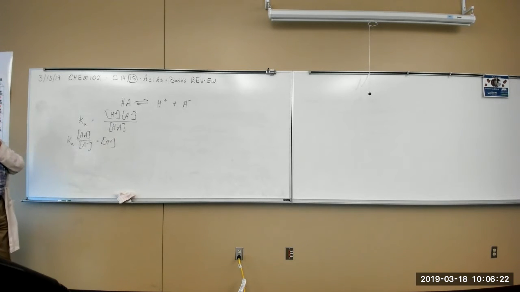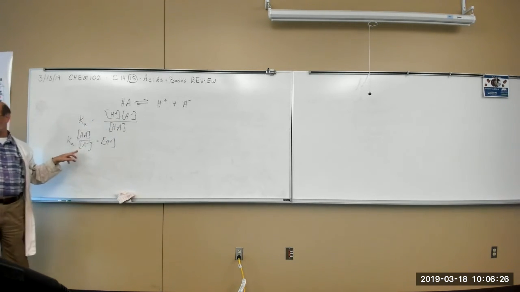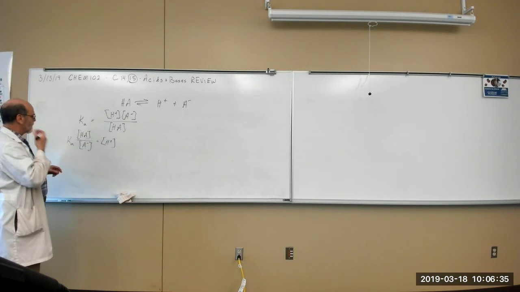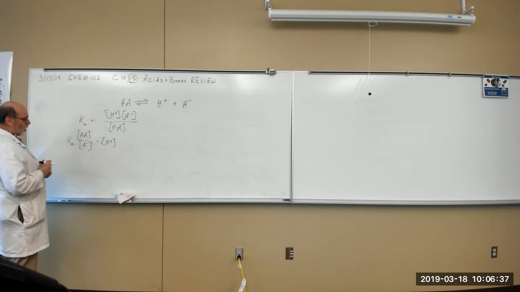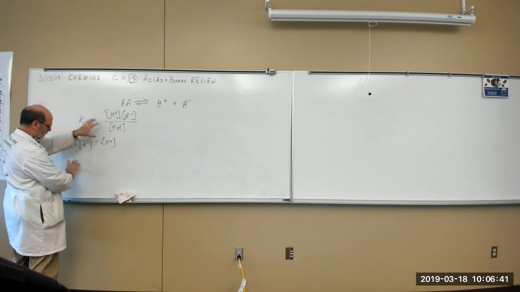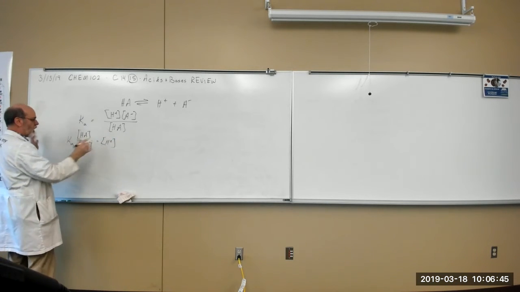That one goes up, this one goes down. Now I'm going to do two things at once here. I'm going to move this one over here and that one over there, and just flip it and take the log of both sides.